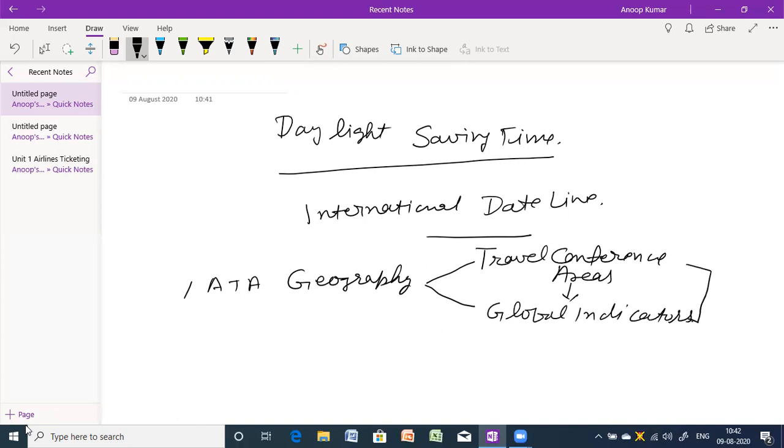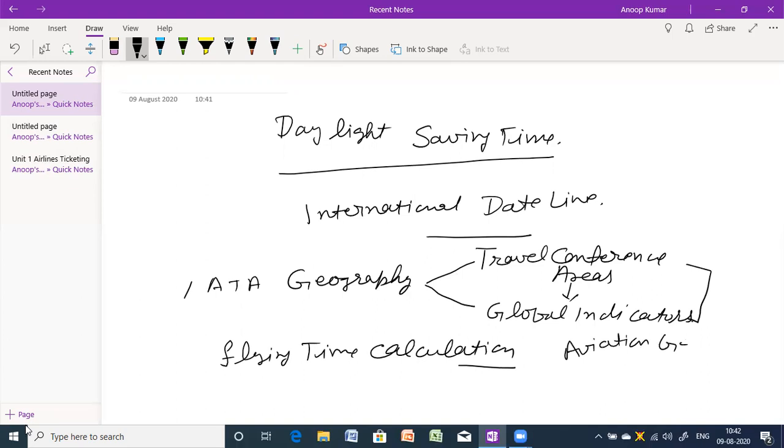So we will also study how to do the flying time calculation. So all of these things are covered under aviation geography, which we are going to study in this particular unit.